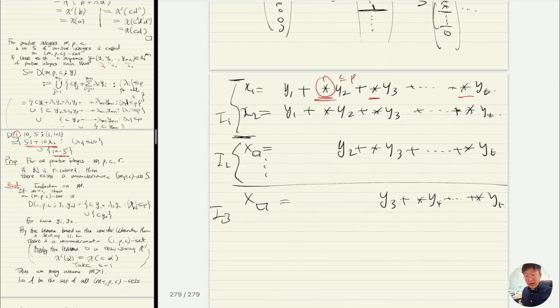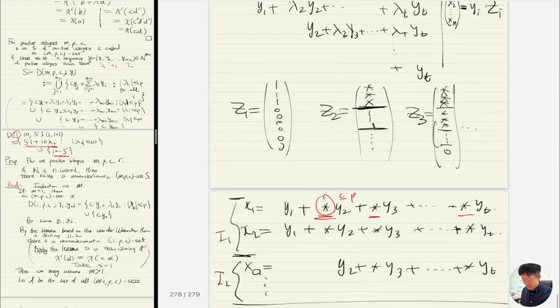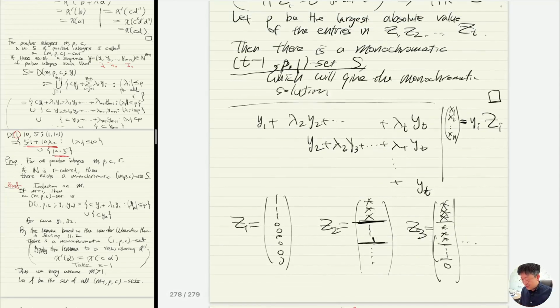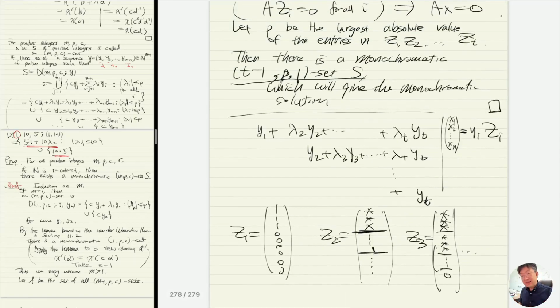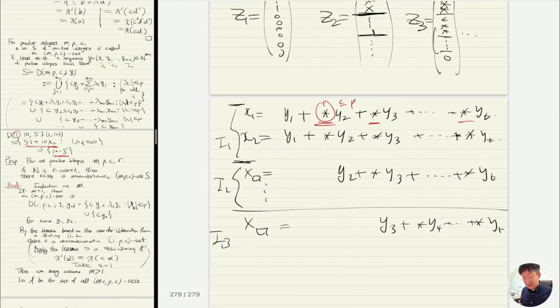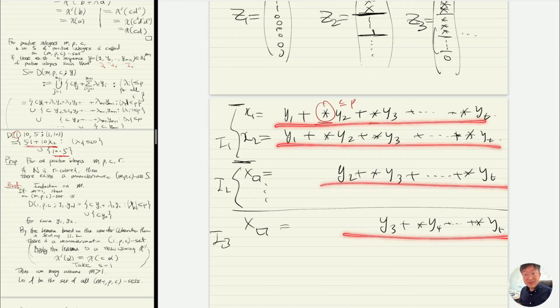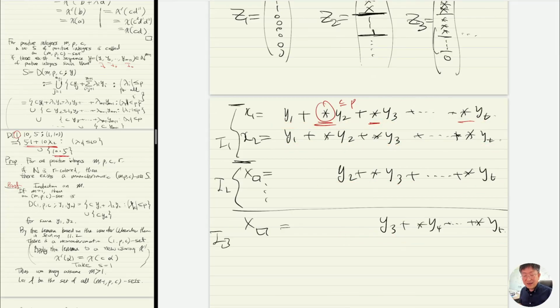Now, since we have a T minus 1 PC set, which is monochromatic, that will generate a set where all these things are inside the same monochromatic set, right?